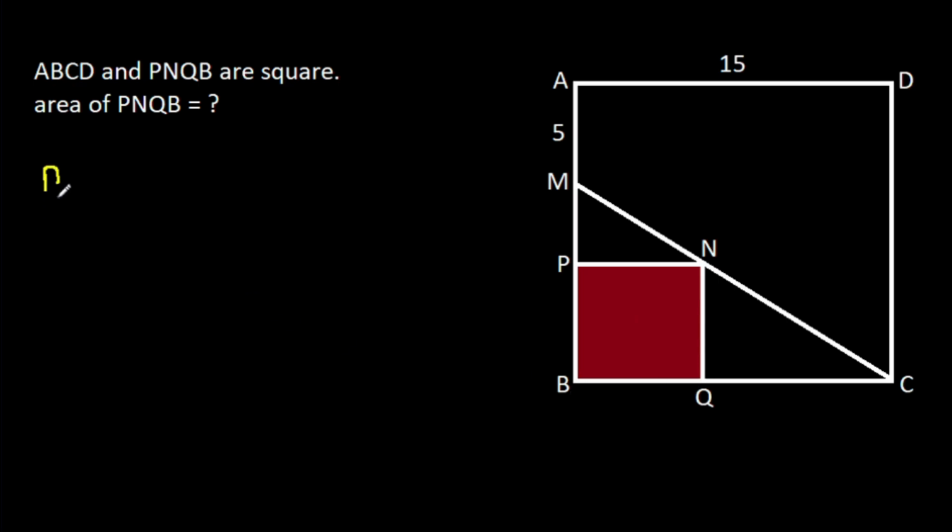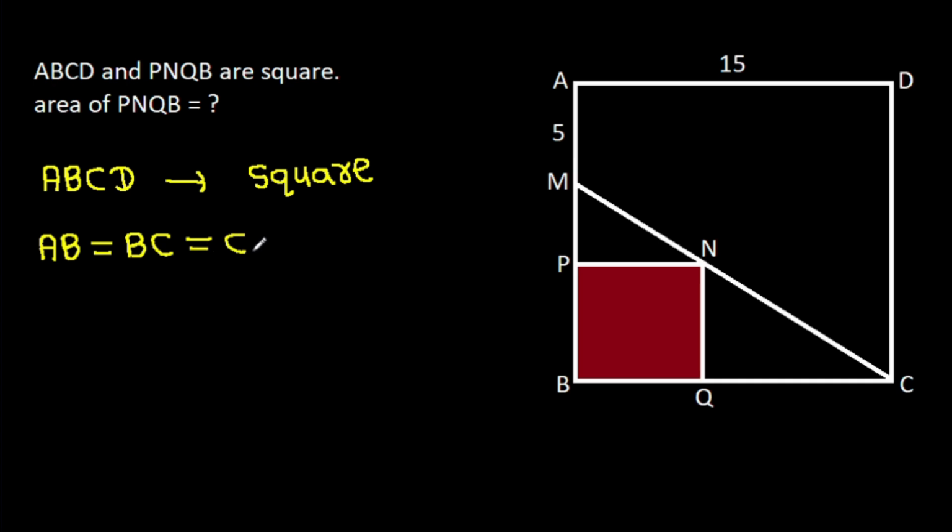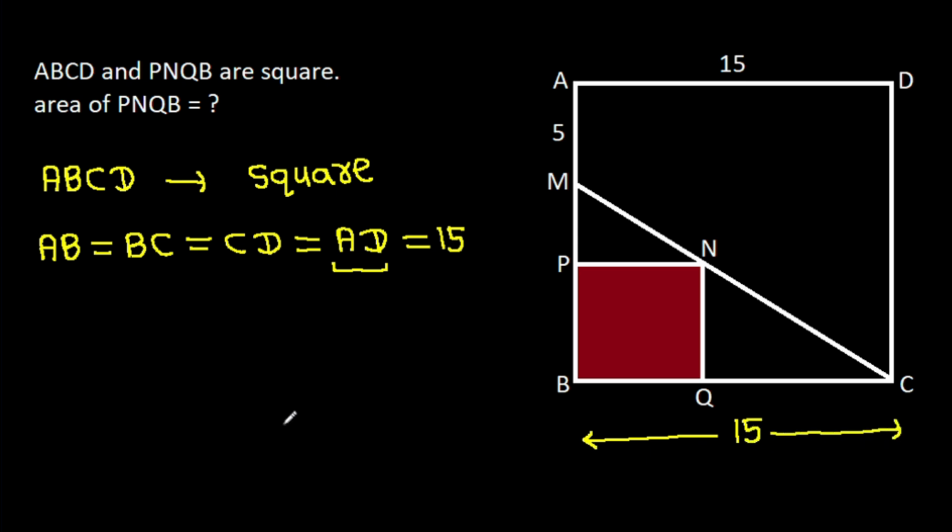So ABCD is a square. That means AB will be equal to BC, equal to CD, equal to AD, and AD is 15. So BC will be 15, and AB is 15.